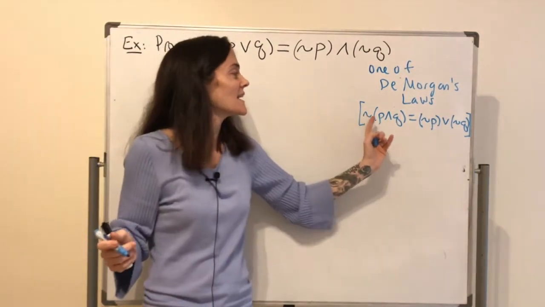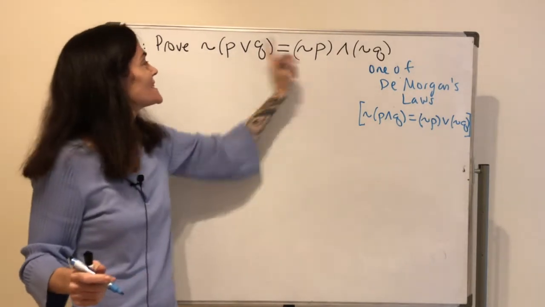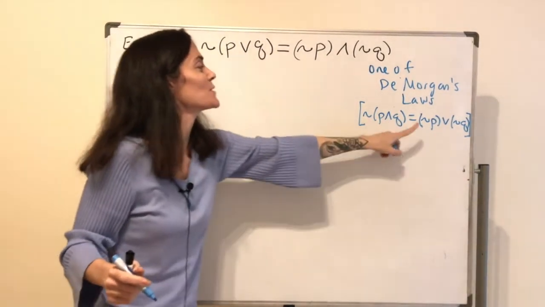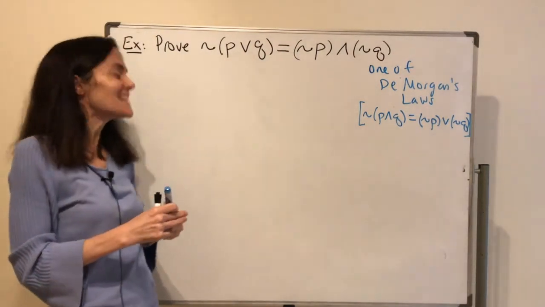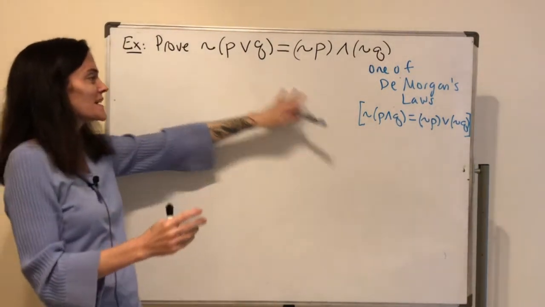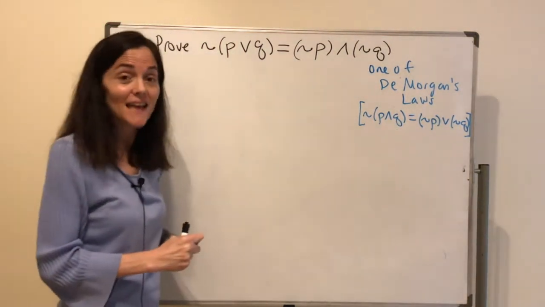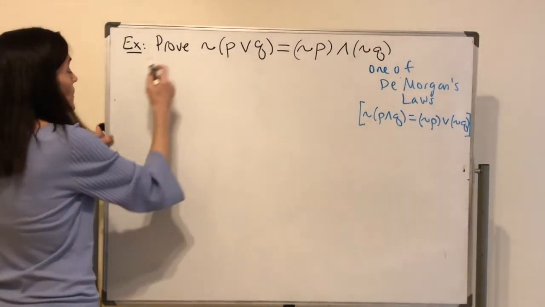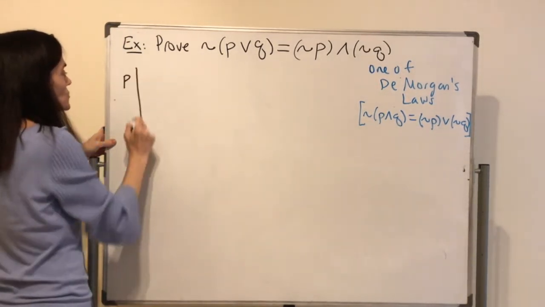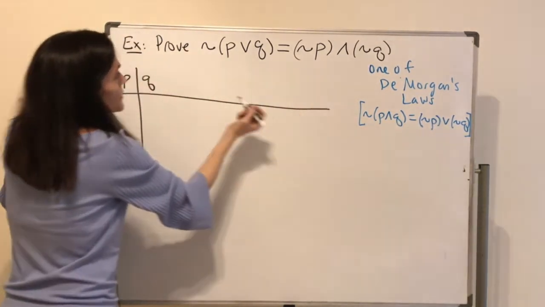Similarly, how do you negate an and? What it says is you switch. The or goes to an and, the and goes to an or, but then you negate each piece. But let's show this one. If you want to show the other one with a truth table, it would be a very nice exercise. So let's prove the one in black. We have 2 input variables, and then I need some pieces.